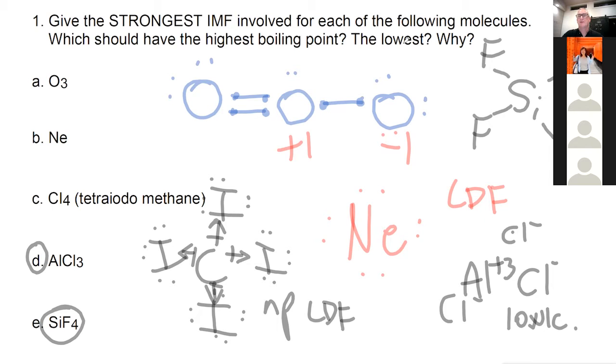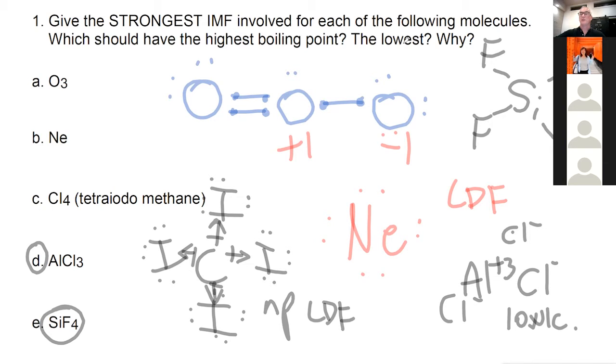How many valence electrons does fluorine have? Seven, right? So there's 28 for the 4 fluorines. And how many valence electrons does silicon have? 4, right?